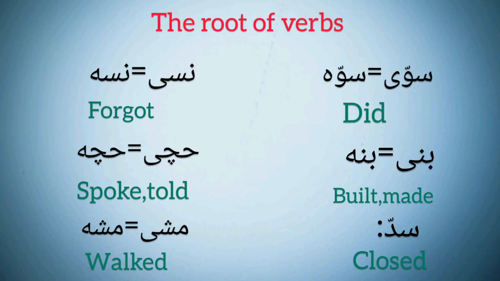Sawa means did. He did. The last letter of sawa is alif, but it's written سوي. بنى means built or made, and the last letter of it is ألف. سد means closed. نسى means forgot.